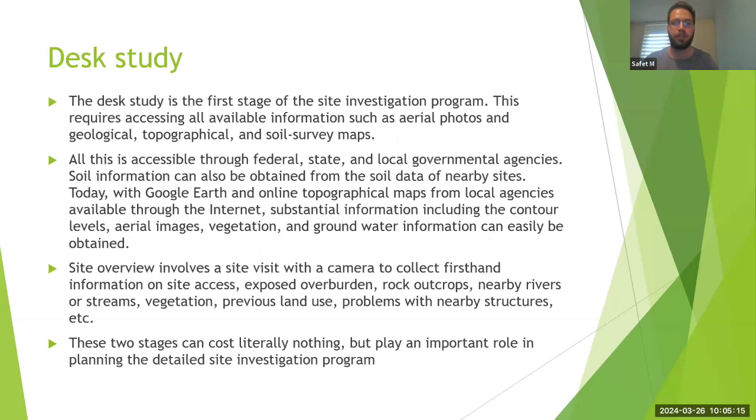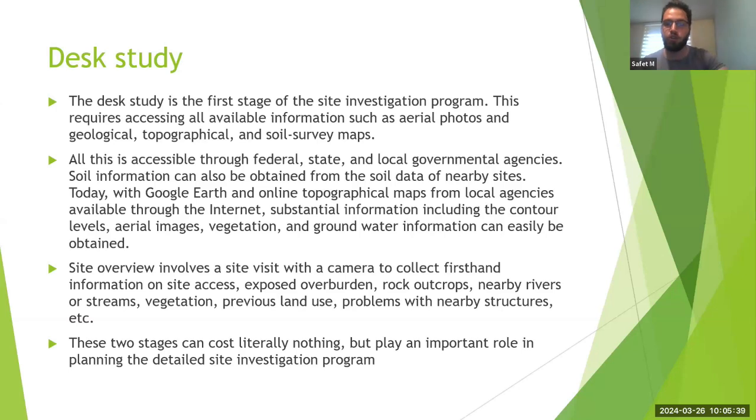The desk study is the first stage of the site investigation program. This requires accessing all the available information, such as aerial photos, and geological, topographical, and soil survey maps. Especially in cities, if you're working more for one company, you would have a range of available historical data from before.